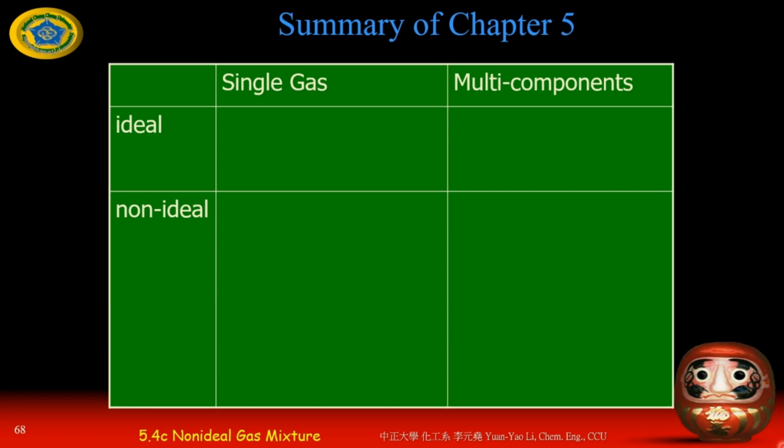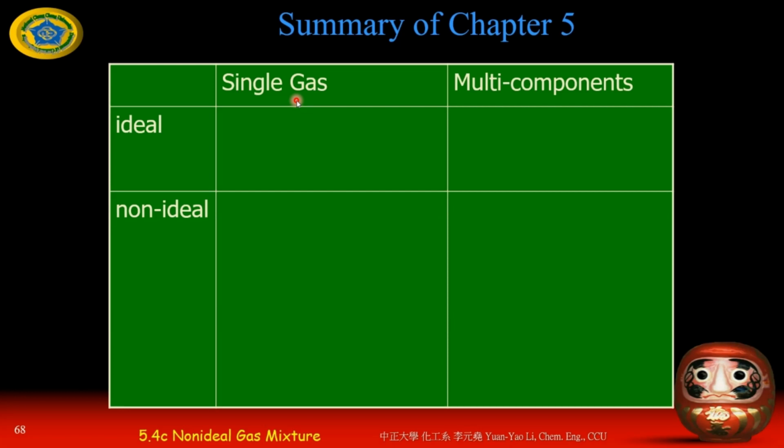Chapter 5 tells us about just one phase. It can be solid, liquid, or gas. We talked about liquid and solid very fast, normally dealing with density, right? But gas is a little more complicated, so we mainly focused on the gas phase in chapter 5, and we divided it into two parts: one is ideal, one is non-ideal.